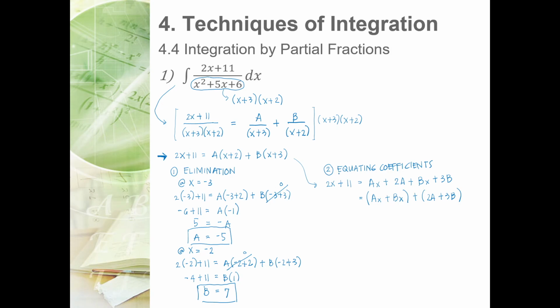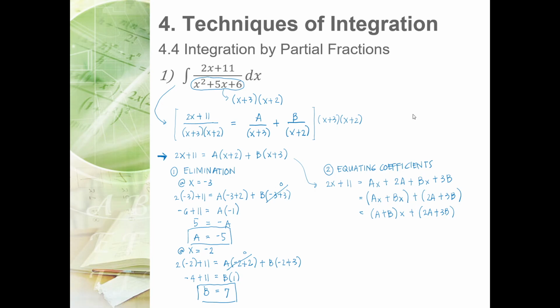So since it's called equating coefficients, let's try to take out the x first. So you now have a plus b times x, which becomes the coefficient of x. And then of course the constant, since it's already a constant, we don't have any coefficients for it.